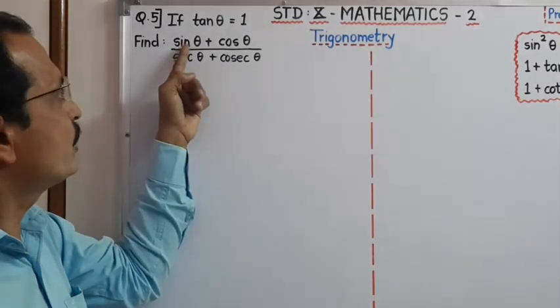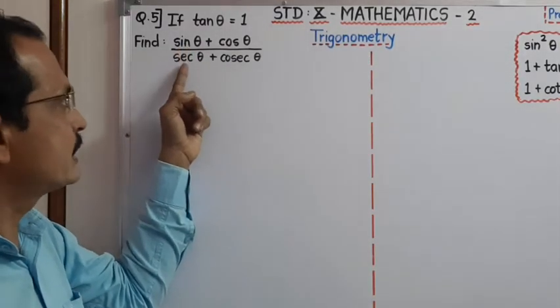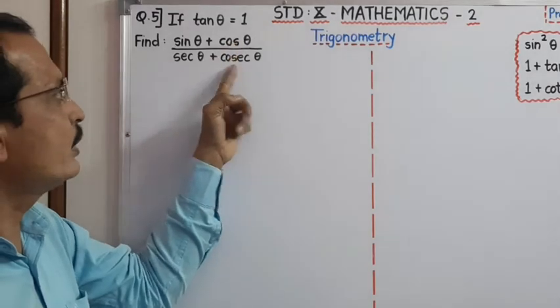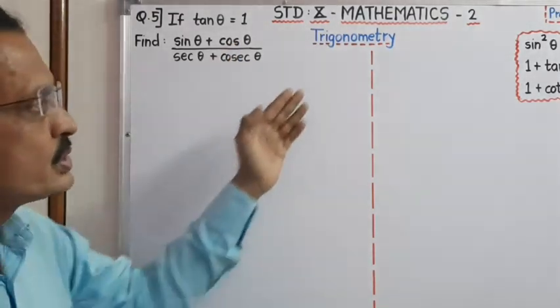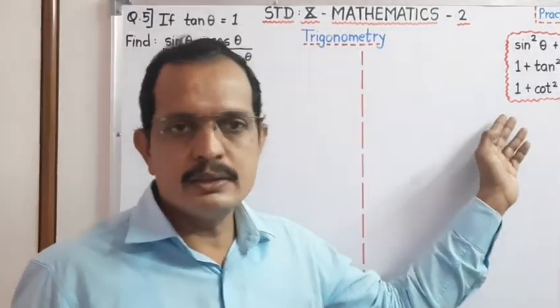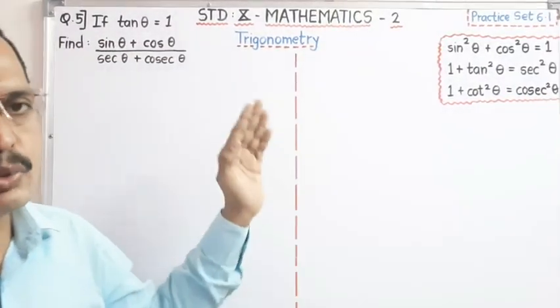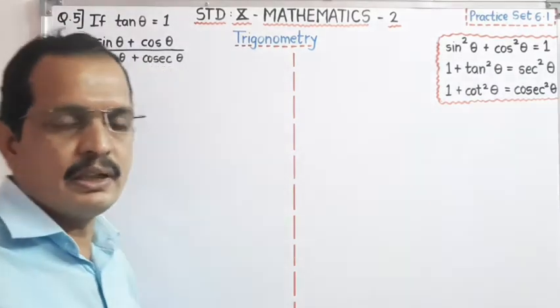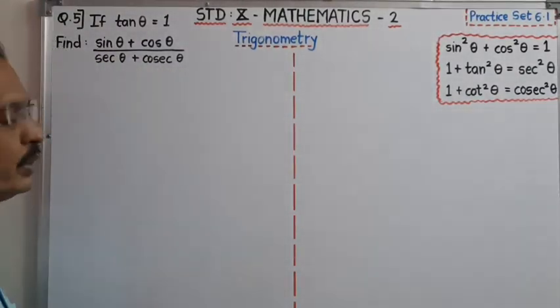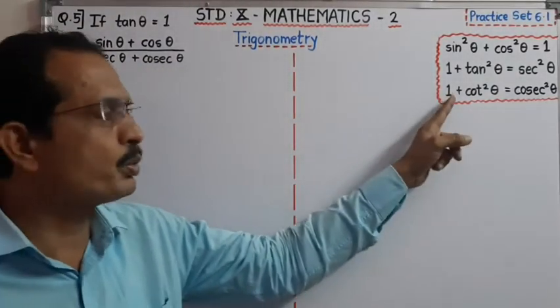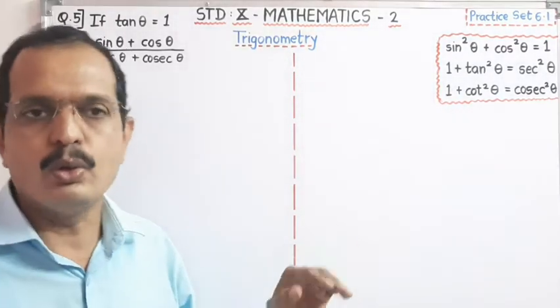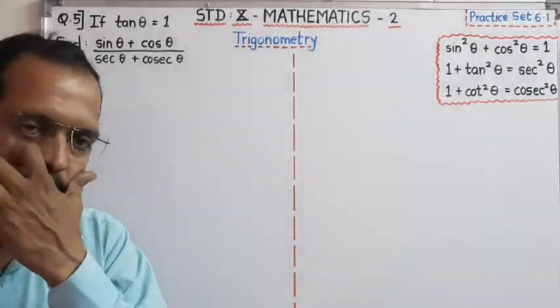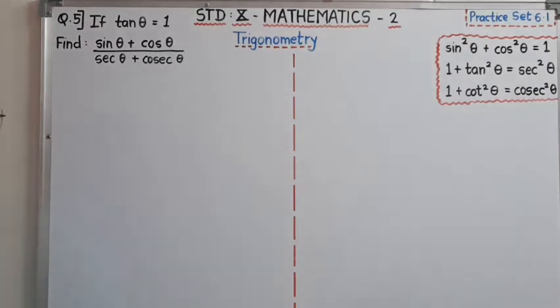For finding out the values of sin theta, sec theta, cos theta and cosec theta, we have to use these identities and some formulas. Now dear students, we can use various formulas. That means we can't say that we have to use this property or this identity only. No, we can use another identity and then we can find out the values.